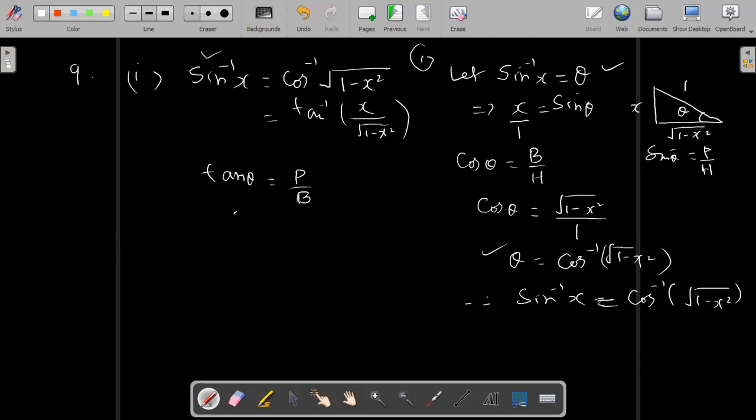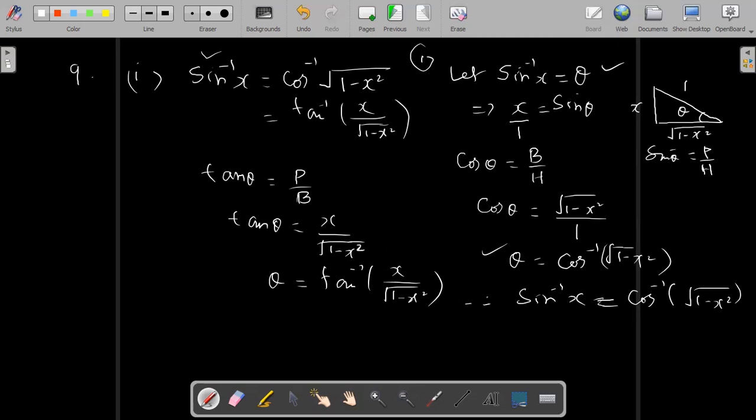Here, the opposite side is x and the base is under root 1 minus x square. So you can see that theta will be equal to tan inverse x upon under root 1 minus x square. They are following the conditions given for the existence of these formulas.